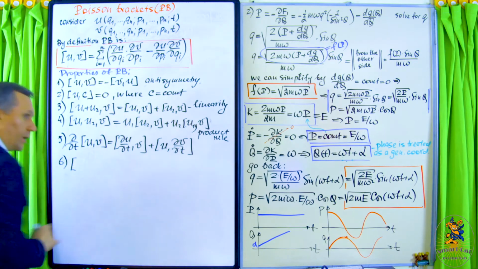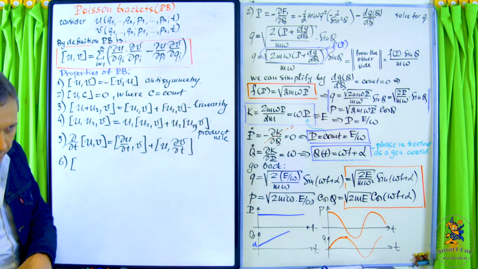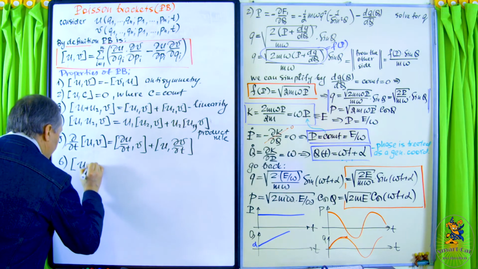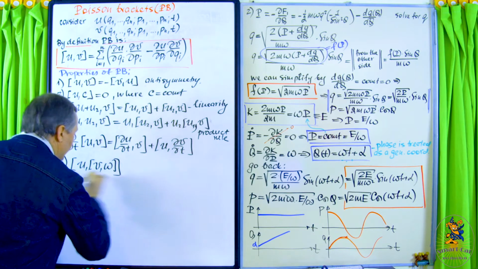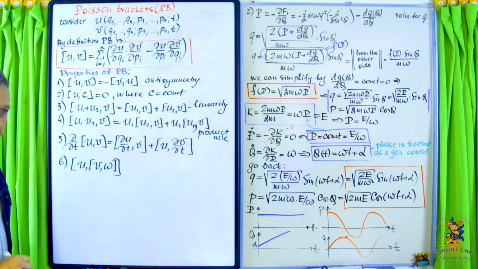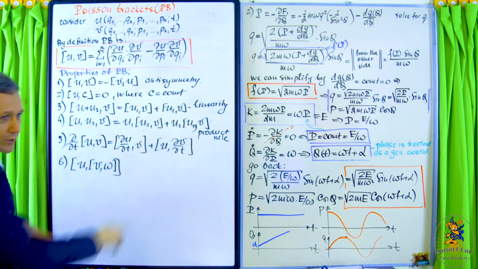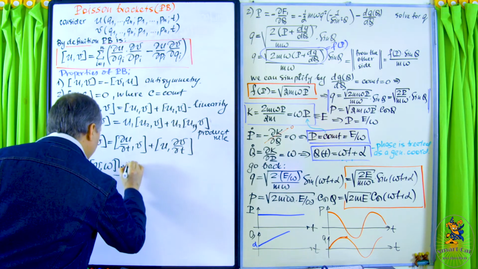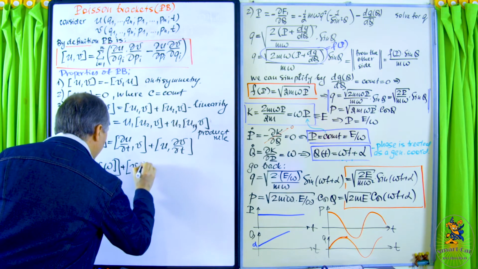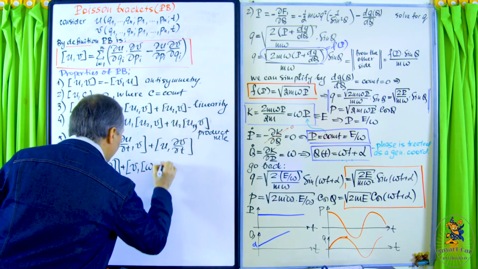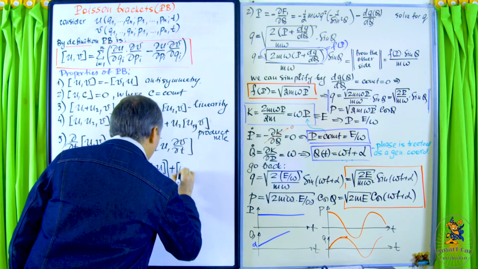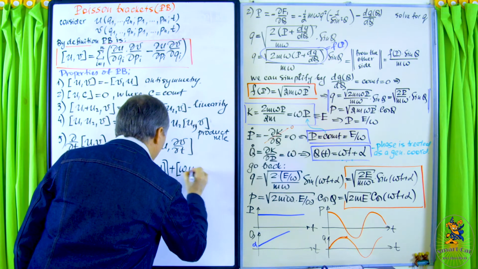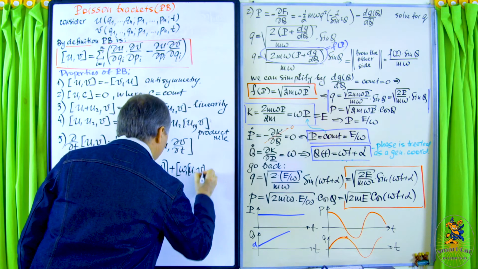All right, so if you have a Poisson bracket out of a Poisson bracket, what if you have something like this? u bracketed with the Poisson bracket of v and w. Then, if you create a cyclic permutation, plus v bracketed with the bracket of w and u, and then if you create the next cyclic permutation, it will be w bracketed with the bracket of u and v.